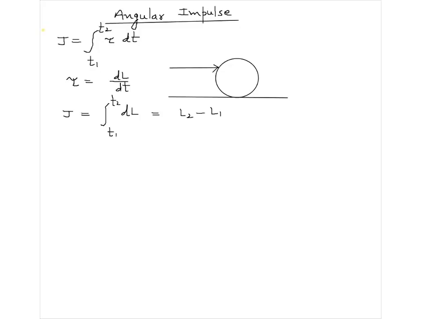Think about this. P2 minus P1. That was also impulse, but that was linear impulse, and here we are having angular impulse.